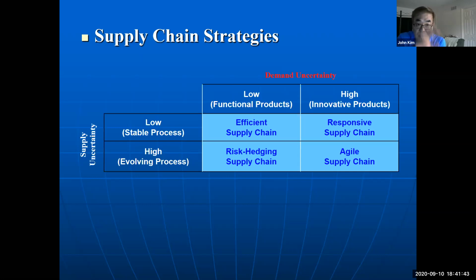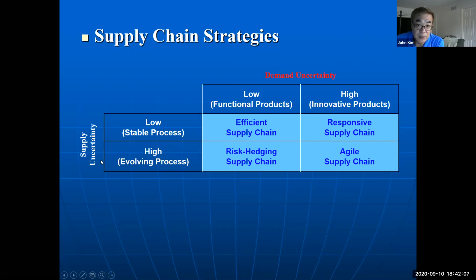So demand uncertainty is low. But innovative products, fashion, next year not fashion, so demand disappears easily. So demand uncertainty is high for the innovative product.